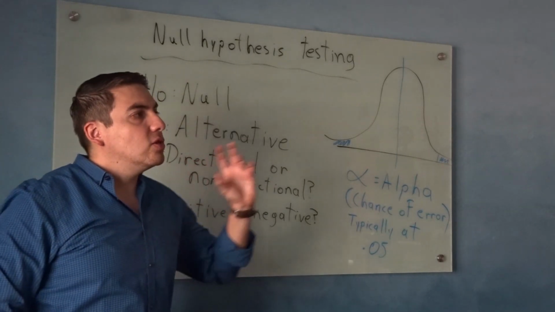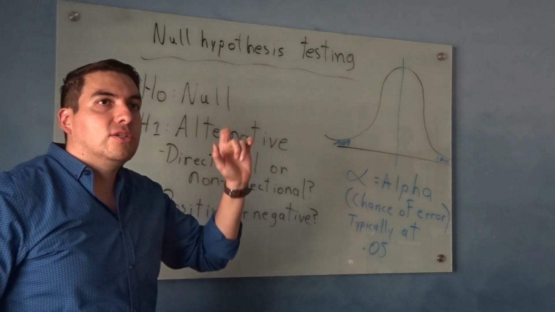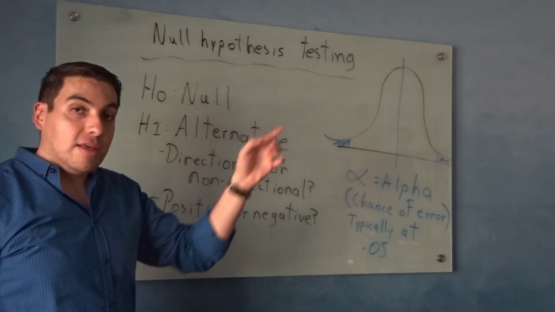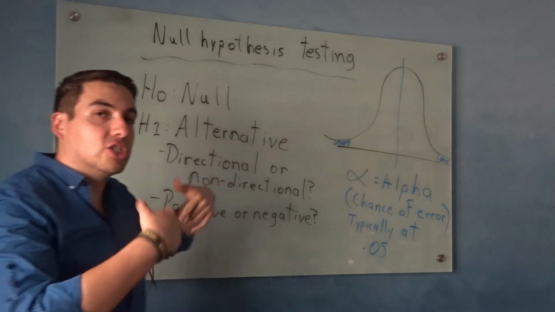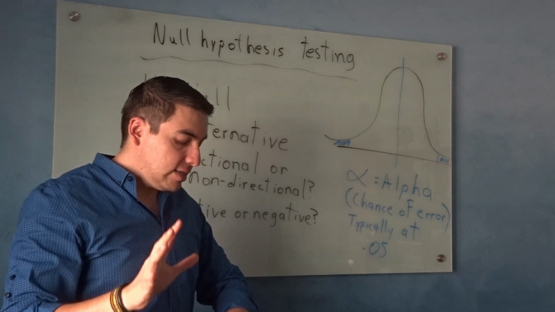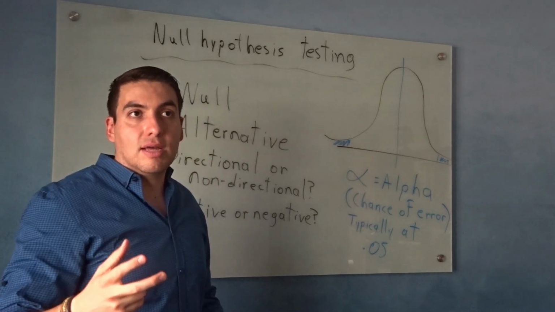When you get into this, you have an idea in mind, which is meditation will affect IQ. That's your hypothesis. That is your alternative hypothesis. That is the suggestion that you have. However, you don't go into those studies already convinced of the hypothesis.